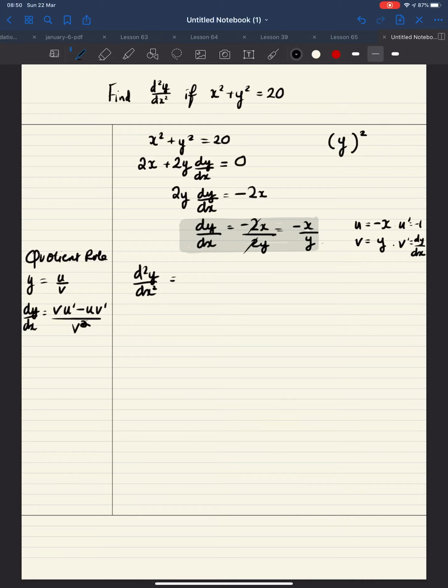So I'm substituting these in, and I'm going to write them there so you can see what I'm doing. So it's v du minus u dv, all over v squared, which is y squared.